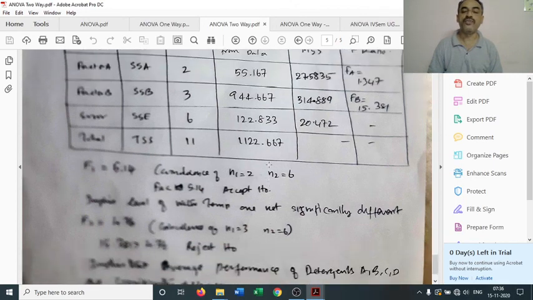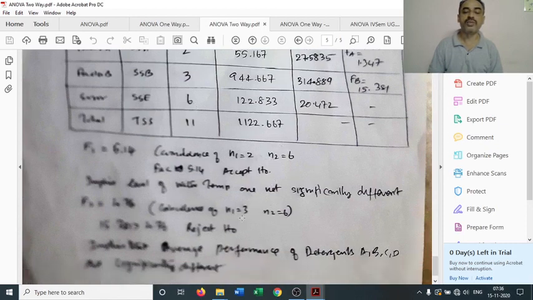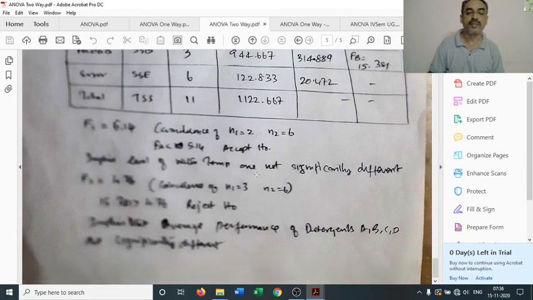Now the first, FA, has an F distribution with degrees of freedom 2 and 6, and the second has an F distribution with 3 and 6. From the tables of the 5% level of significance F distribution, we get the table value as 5.14, and since 1.347 is less than 5.14, we accept the hypothesis.